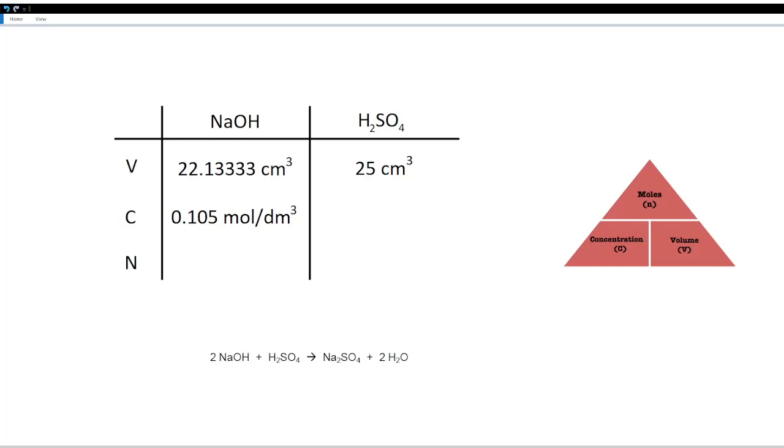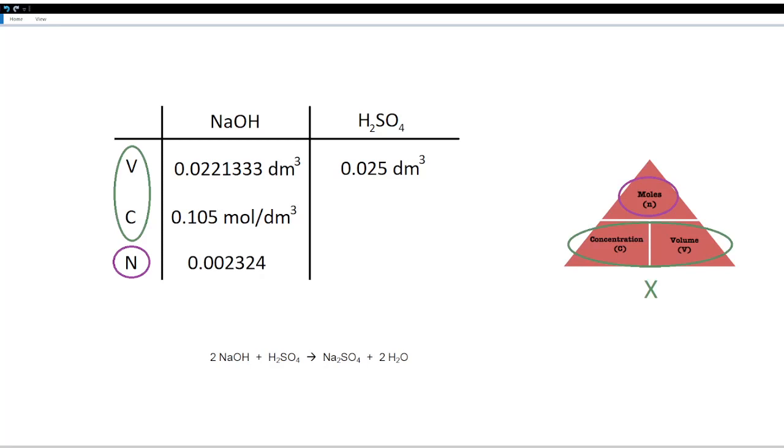So I'm going to divide both of those numbers by 1000 and rewrite them. Next, I'm going to use the formula number of moles is equal to volume multiplied by concentration to find the number of moles of sodium hydroxide. So I'm just going to multiply the two numbers on the table to get 0.002324 moles of sodium hydroxide.